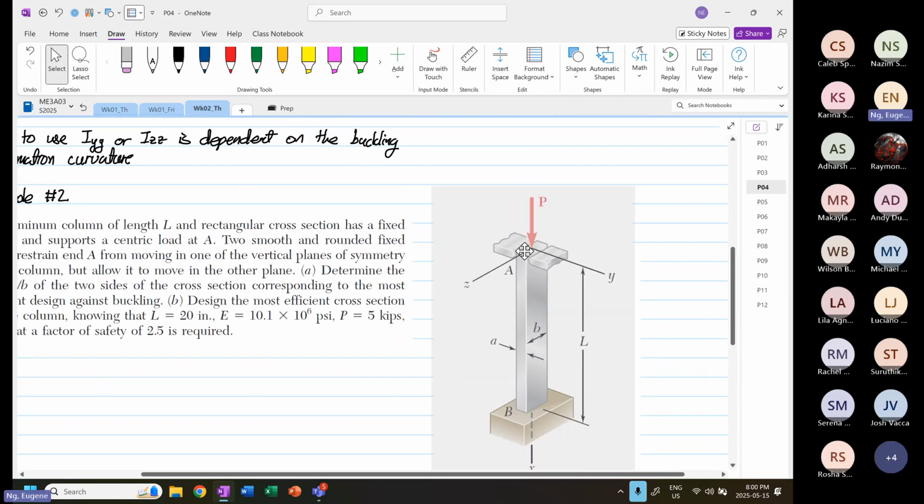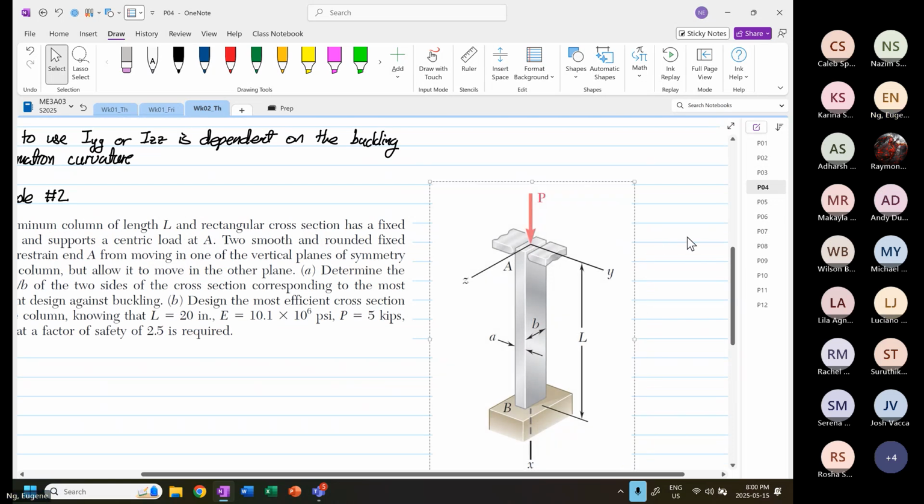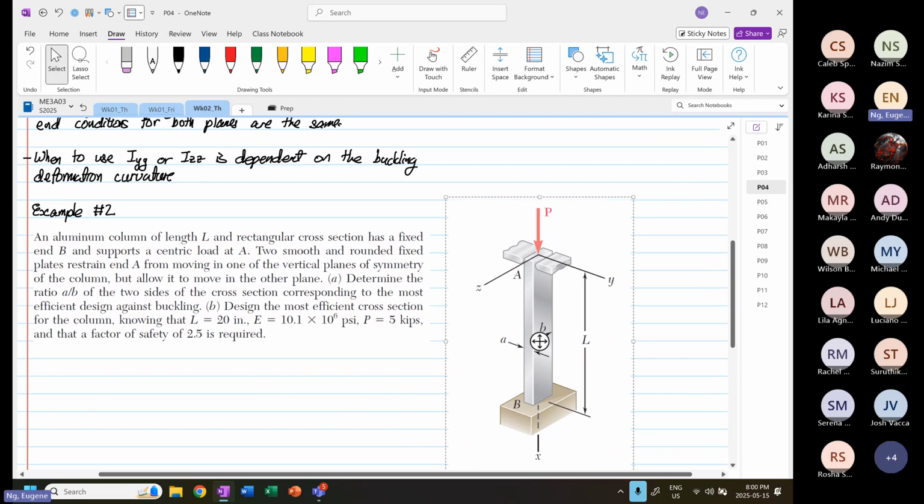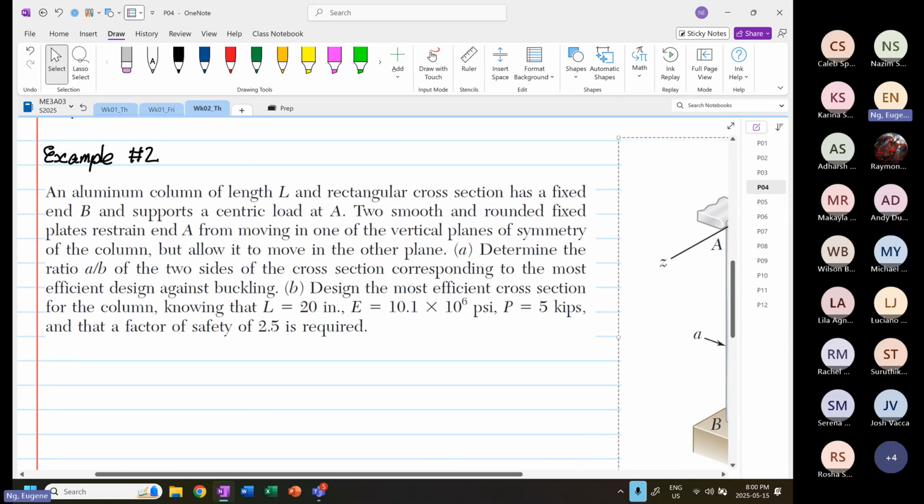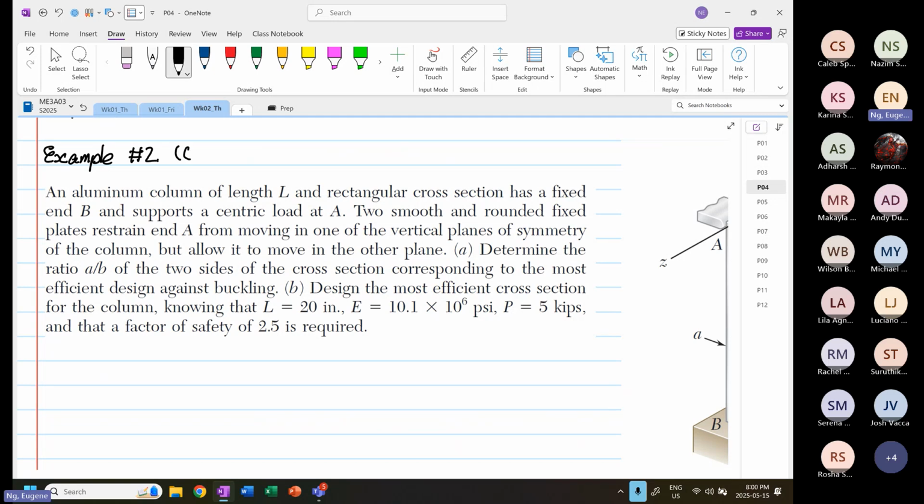So this is the example that we're going to do next. In example number 2, I'd like to highlight there's an optimization going on.